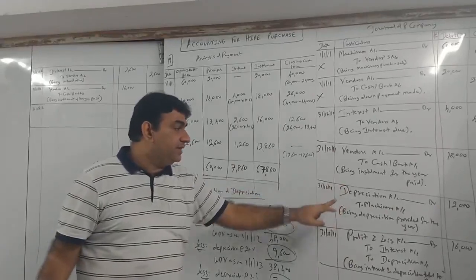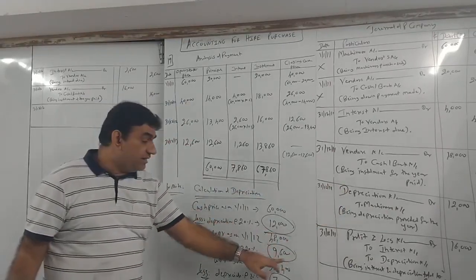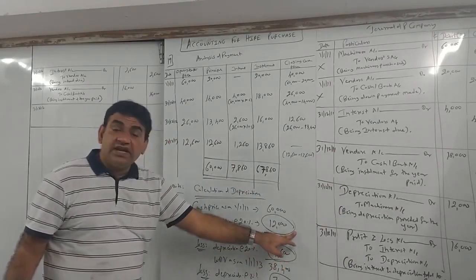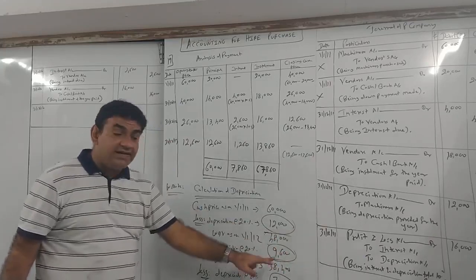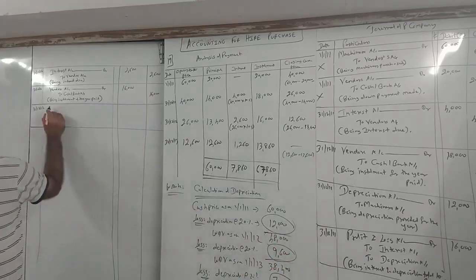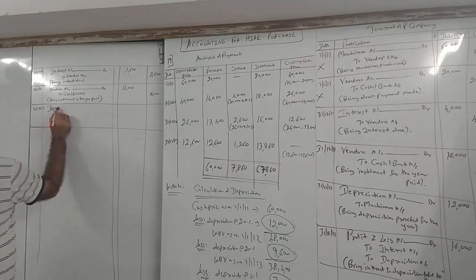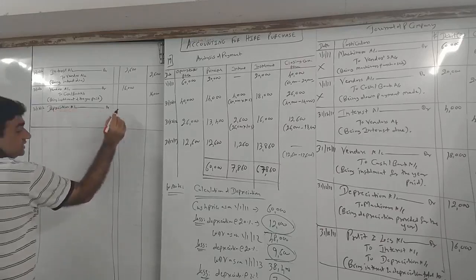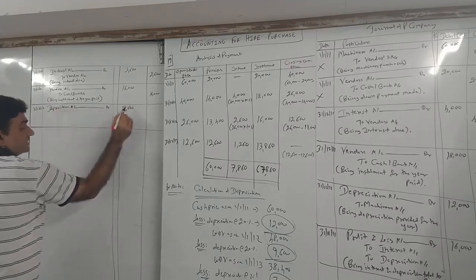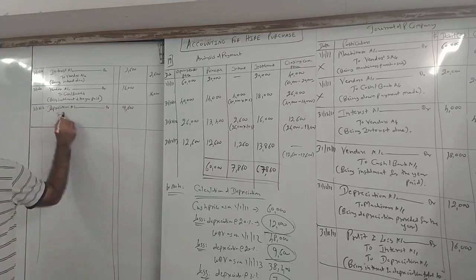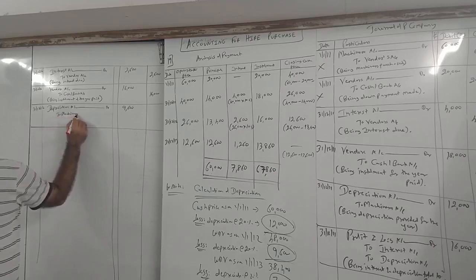Then what? Depreciation. What is my second year's depreciation? 9,600. See, first year's depreciation was 12,000, second year's depreciation 9,600. So same entry. Depreciation is an expense. So I debit depreciation 9,600 and I am depreciating machinery.